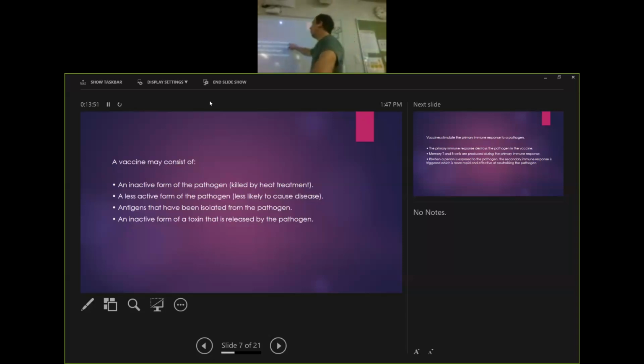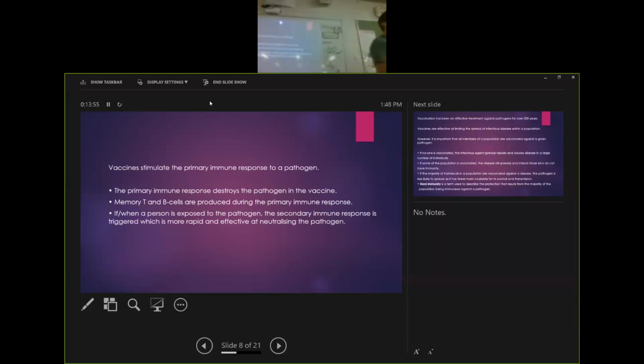The idea in all 4 cases is to stimulate the primary immune response. And the immune response will be exactly the same as if it was natural, and if you were naturally infected by that pathogen. It's no different.